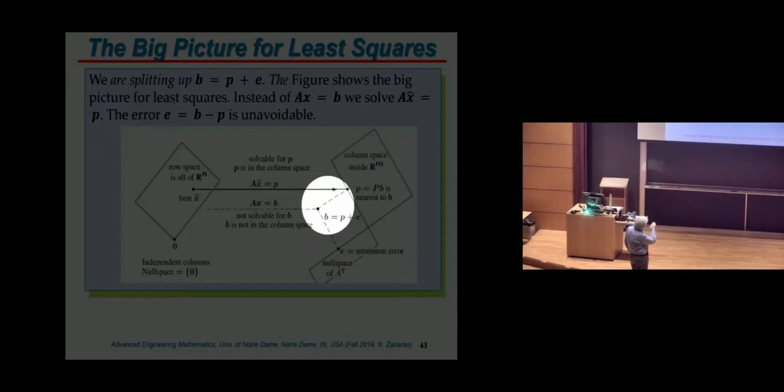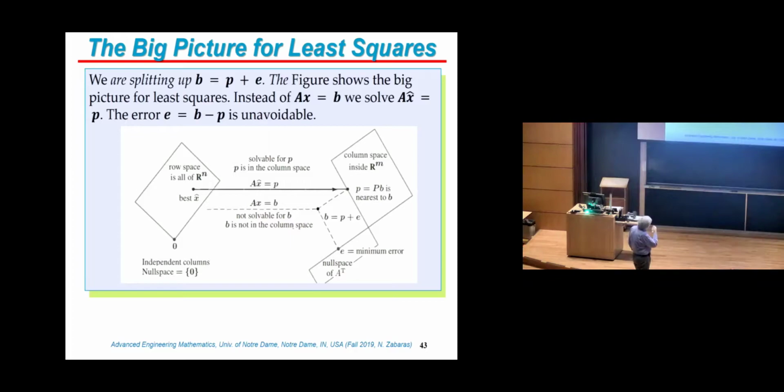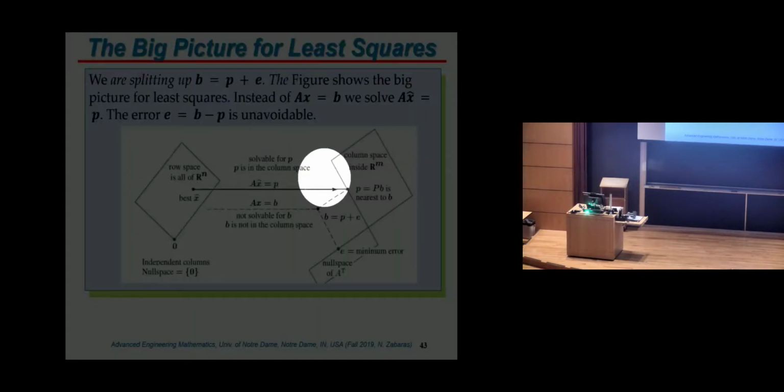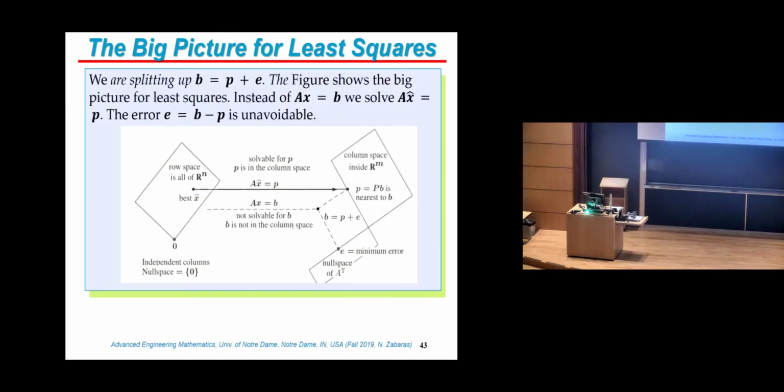There is no approximation here or anything like that. And we say, look, this point P, the orthogonal projection of B in the column space, is the best approximation I can get of something that is in the column space. And I have guarantees that if, instead of solving AX equal to B, I try to solve AX equal to P, that problem has a solution because P is in the column space.